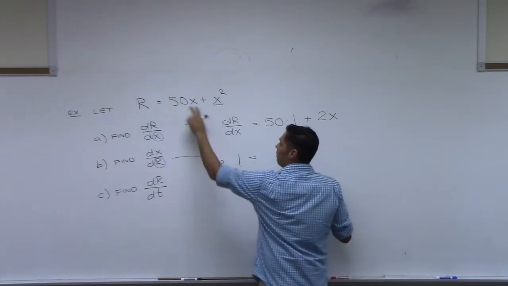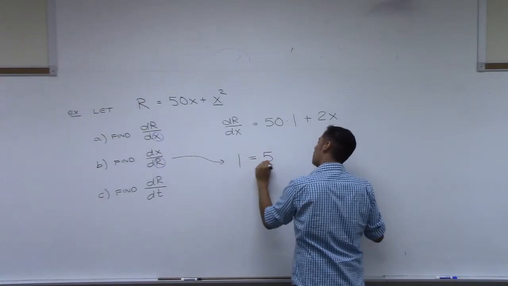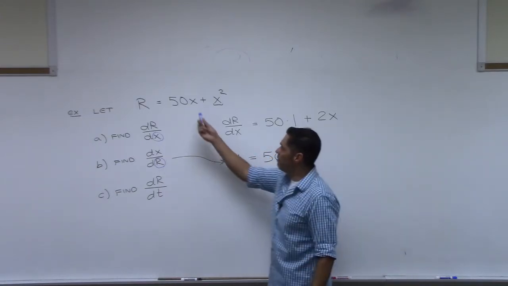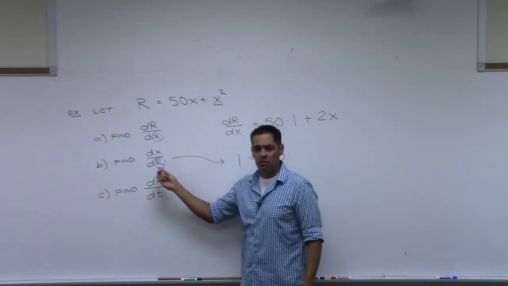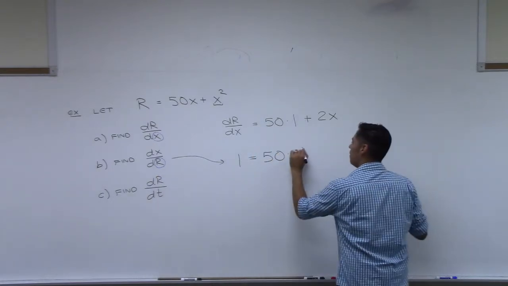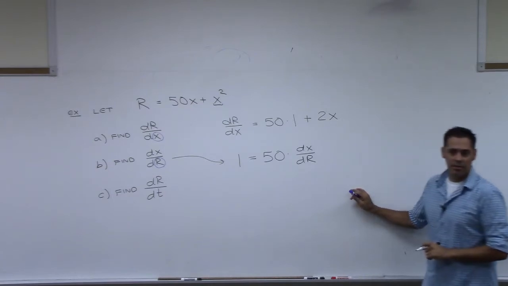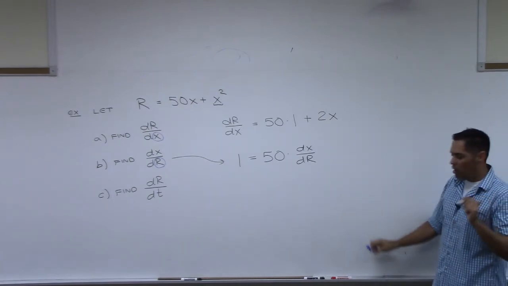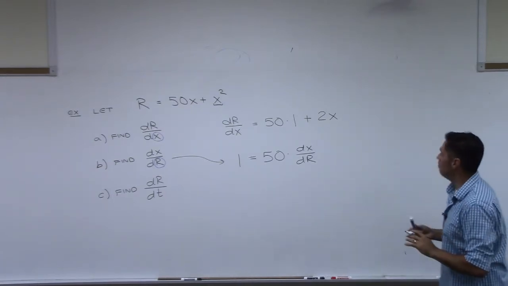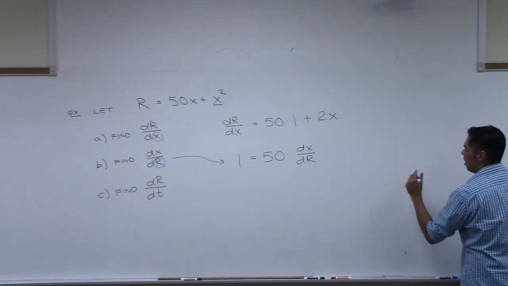Equals, now 50 comes for the ride, times the derivative of x with respect to r, dx/dr. All right. I think most of you are good up to that point. This next part is the tricky part. Let me remind you, do you remember the chain rule?